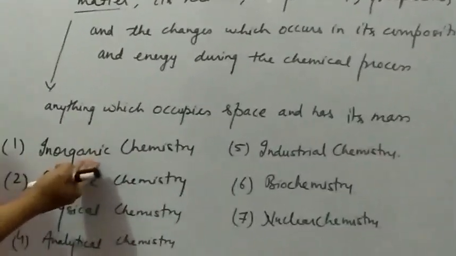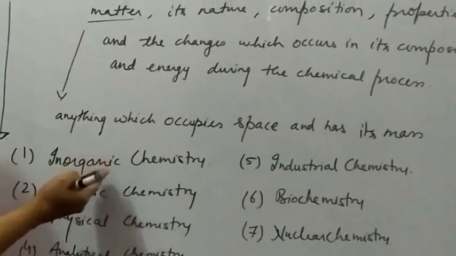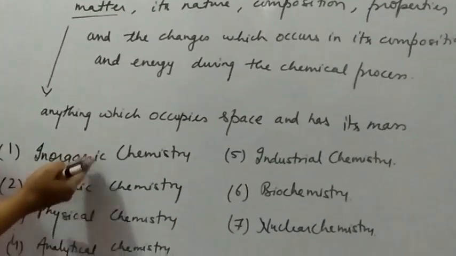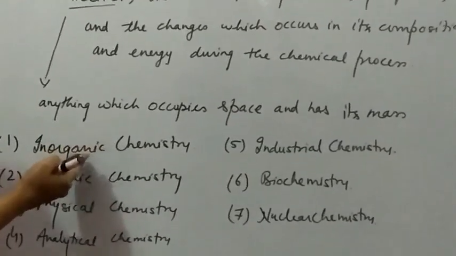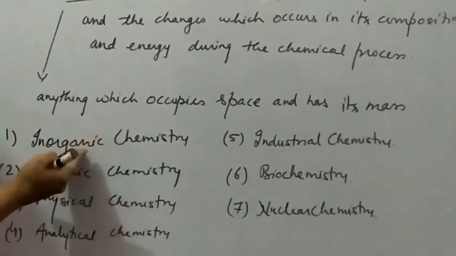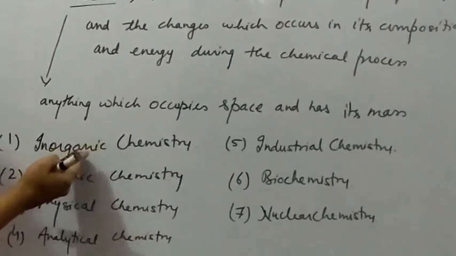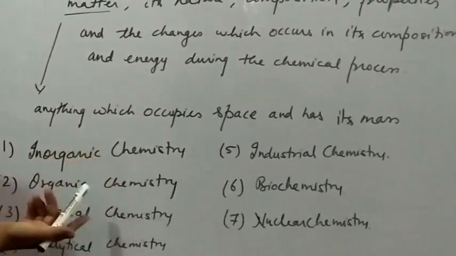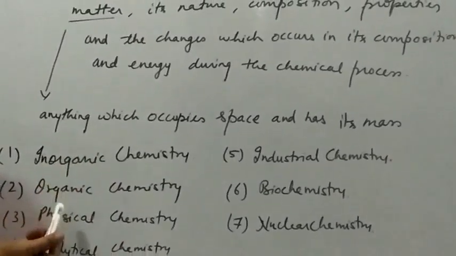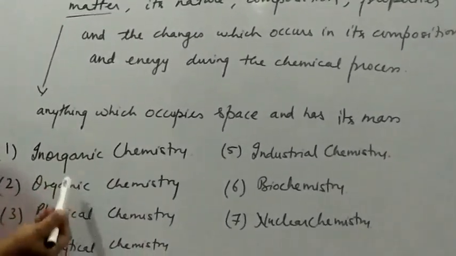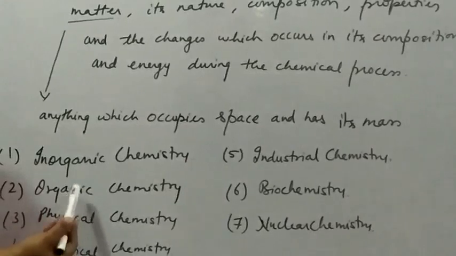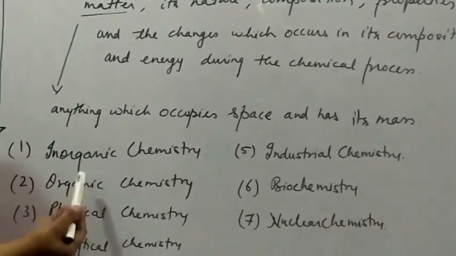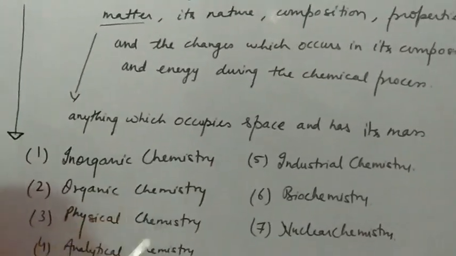This part of chemistry deals with the study of the compounds and elements other than carbon, right? And the ores which are present in the earth's crust, ores and minerals. Organic chemistry deals with the study of the compounds of carbon, especially hydrocarbons and their derivatives.